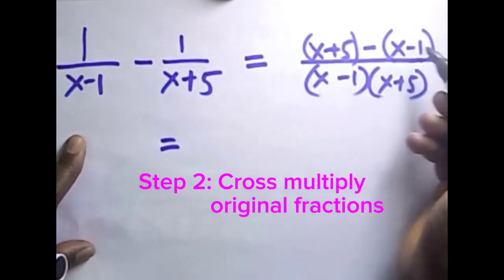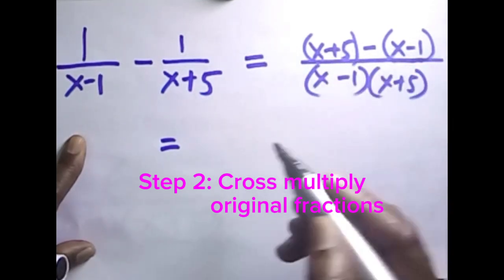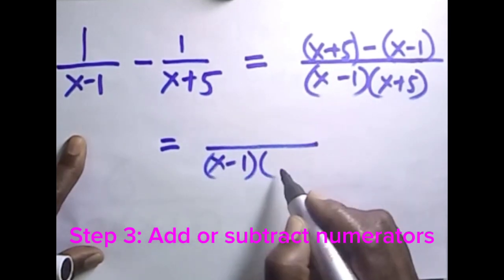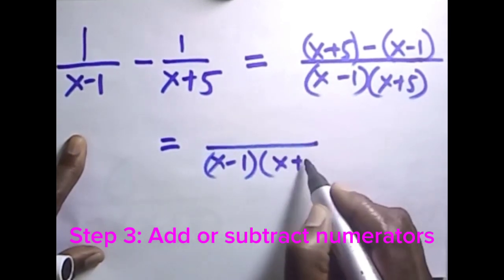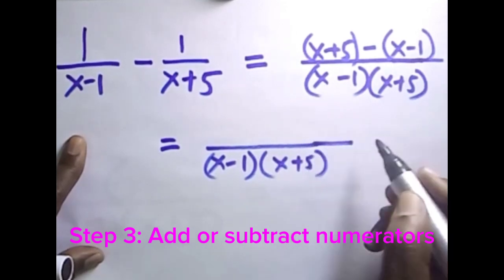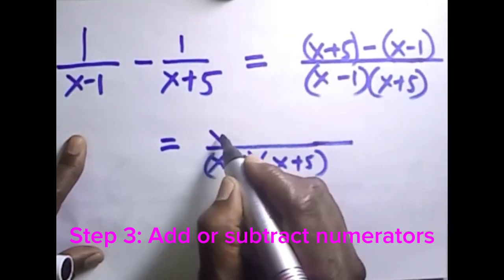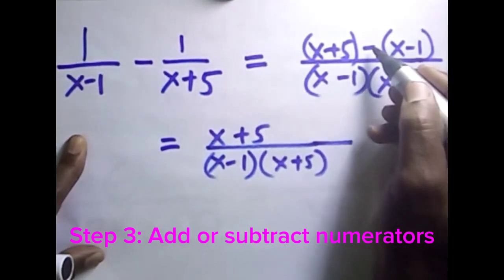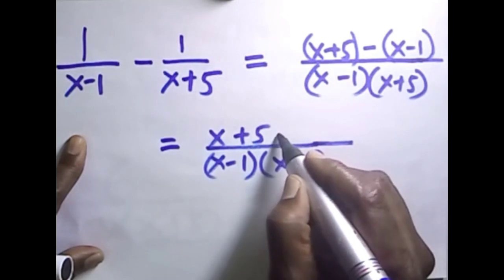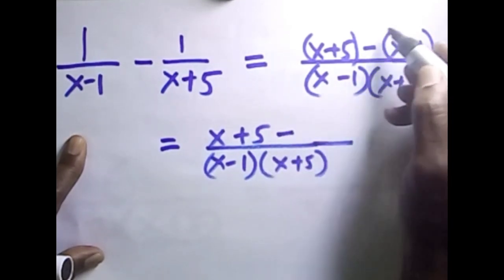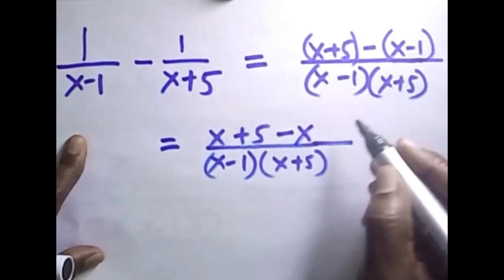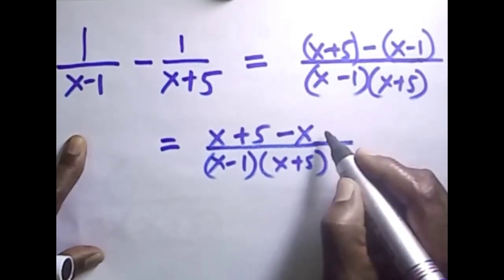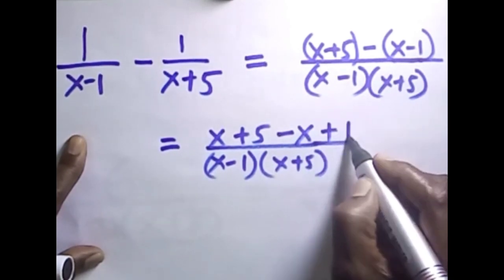So the next thing we'll do is just to open up these two brackets. We still have our x minus 1 and x plus 5. So let's open the brackets. Of course, x plus 5. But because of this minus sign, take note, there is a minus in there. So minus x, minus times minus gives us a plus 1.